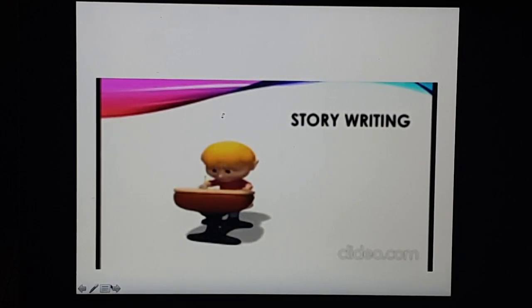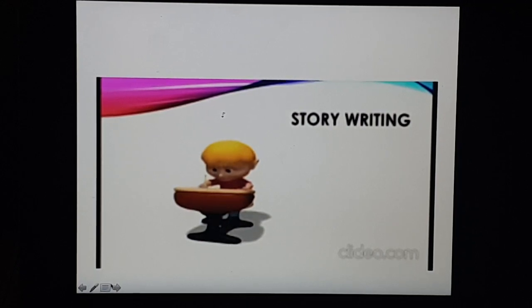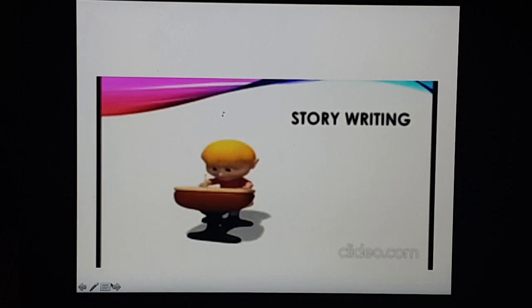Stories can be written with the help of given outlines, based on a moral, or with the help of opening lines. Now let's see how we can develop stories and what we should keep in mind while writing a story.